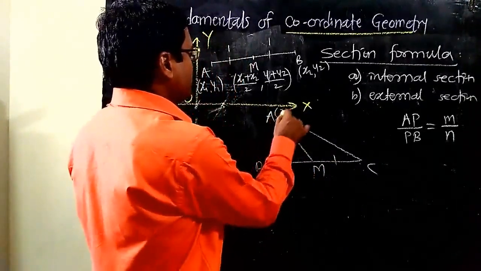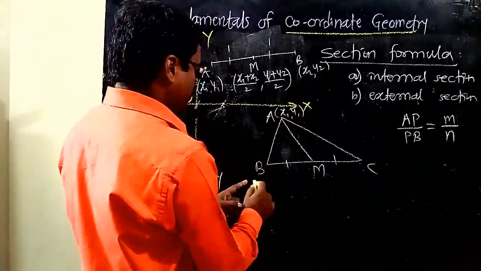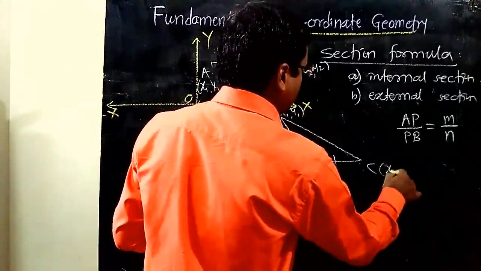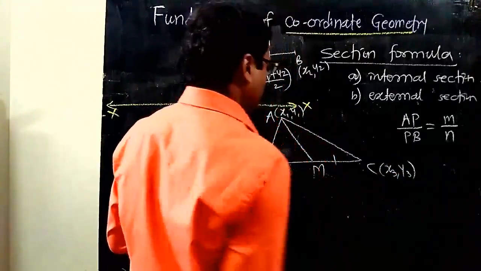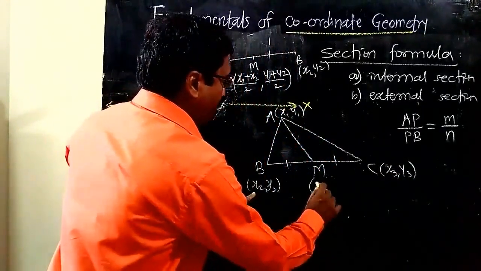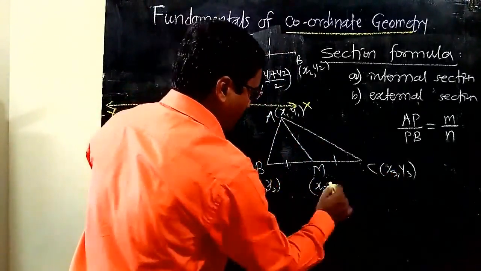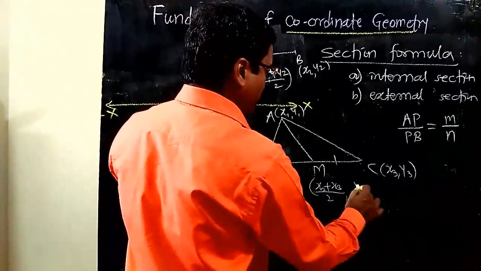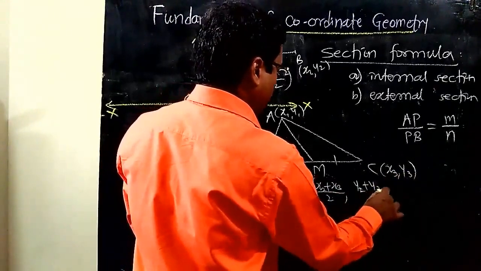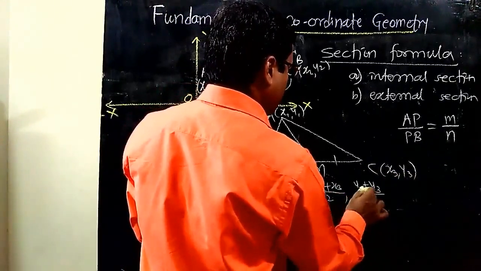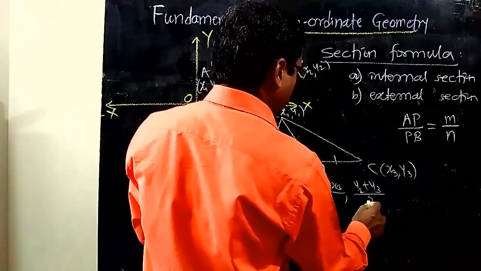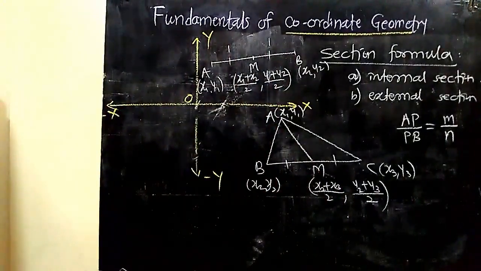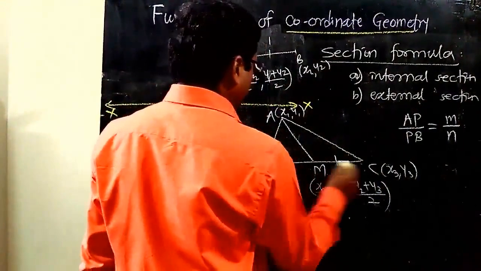So if you consider the coordinates of A as x1 y1, B as x2 y2, and C as x3 y3, then the coordinates of M will be x2 plus x3 upon 2 and y2 plus y3 upon 2. These are the coordinates of point M, which is the midpoint of side BC.